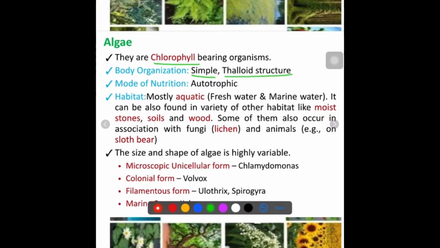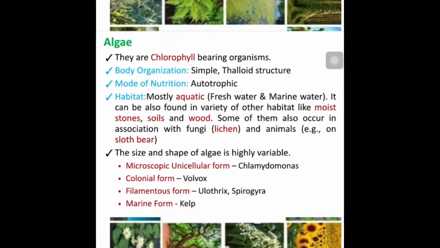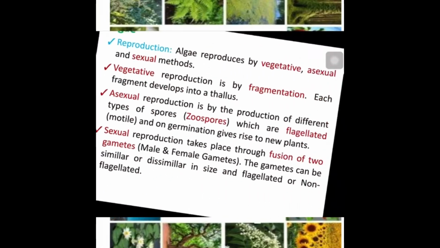They have very simple organization. Their mode of nutrition is autotrophic and they are mostly found in the aquatic habitats. Usually they are found nearer to moist stones, soils and the wood that we have seen. There are also few examples of algae that have been listed down. So this is a general introduction about algae.